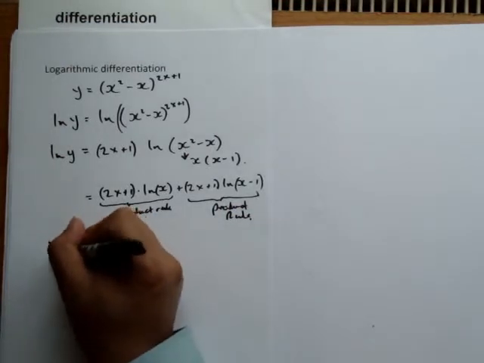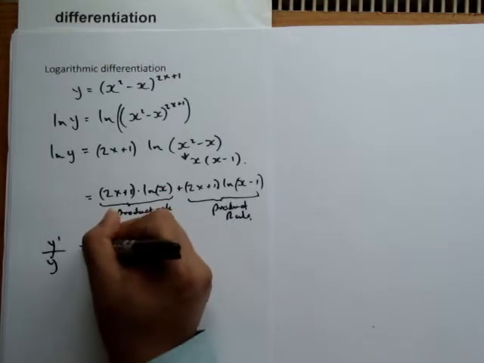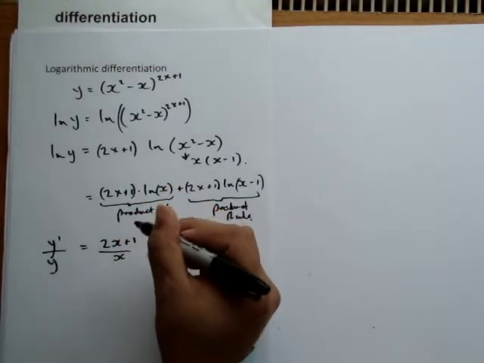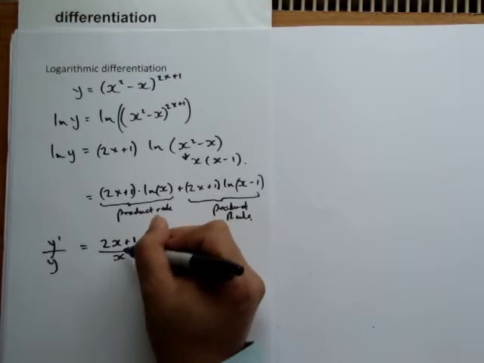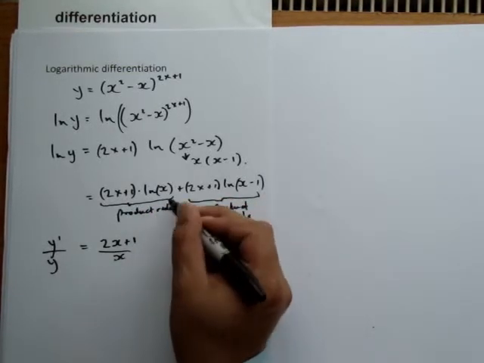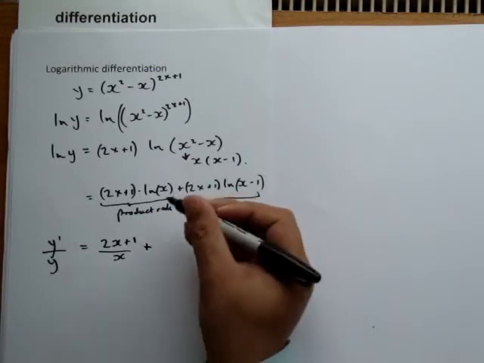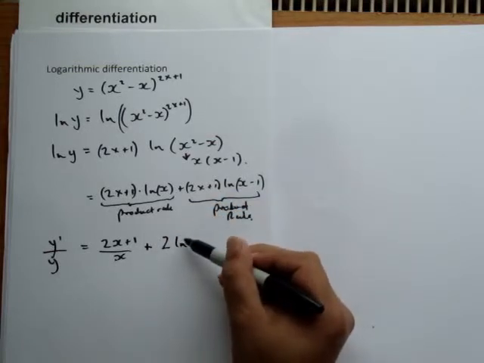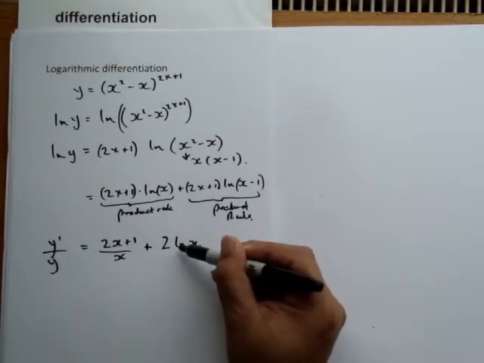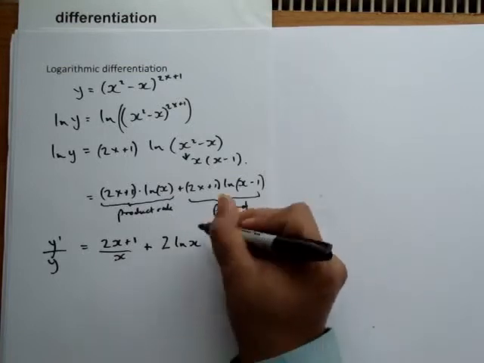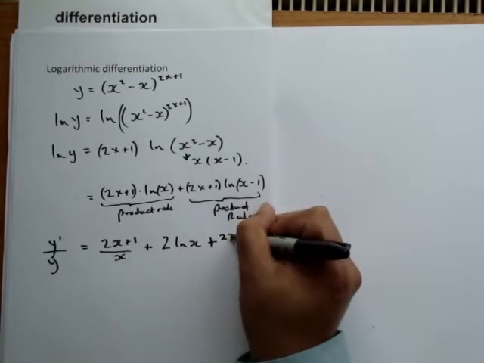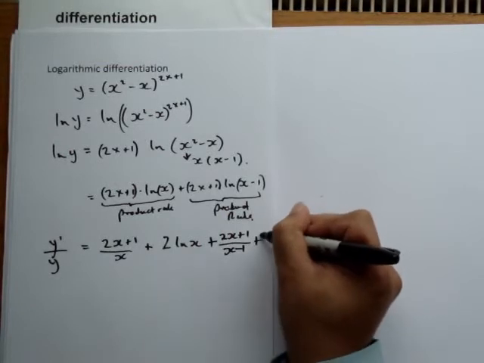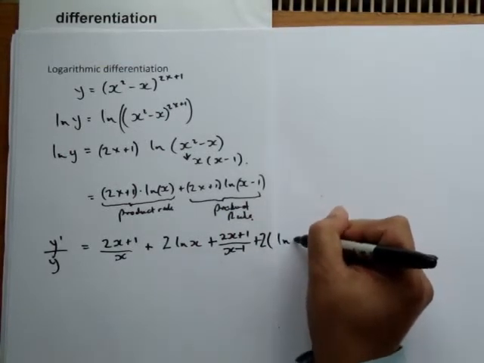So y prime over y equals 2x plus 1 over x, which is the first, multiplied by the derivative of the second, plus 2 natural log of x, which is the derivative of the second multiplied by the first, plus 2x plus 1 over x minus 1, plus 2 natural log of x minus 1.